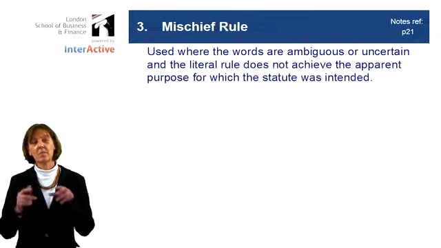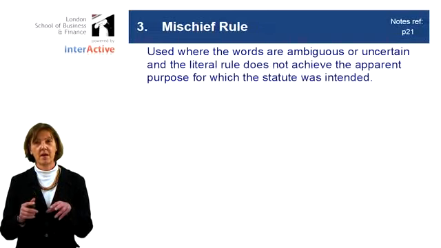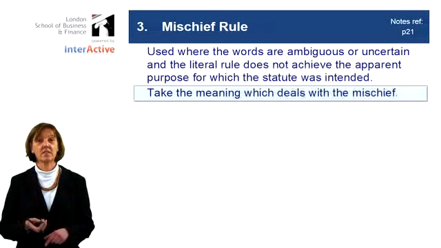Sometimes Parliament will pass an Act of Parliament to deal with a particular problem, or mischief as we call it. And this rule says, take the meaning which deals with the problem, which deals with the mischief.